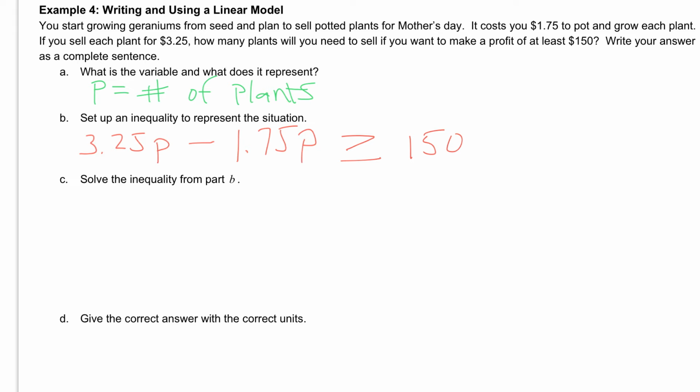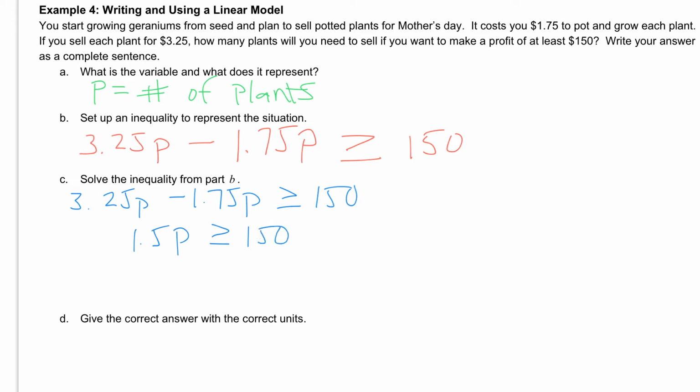In part C, we want to solve the inequality, so let's rewrite it. We've got $3.25 times P minus $1.75 times P greater than or equal to 150. If you notice, both of these have a P in it, so we can combine like terms. 3.25 minus 1.75 will give us 1.5 P greater than or equal to 150.